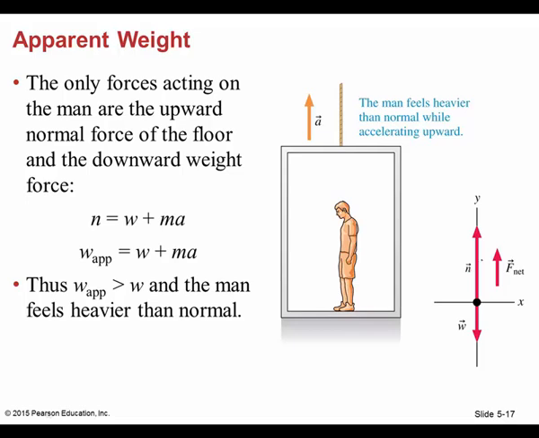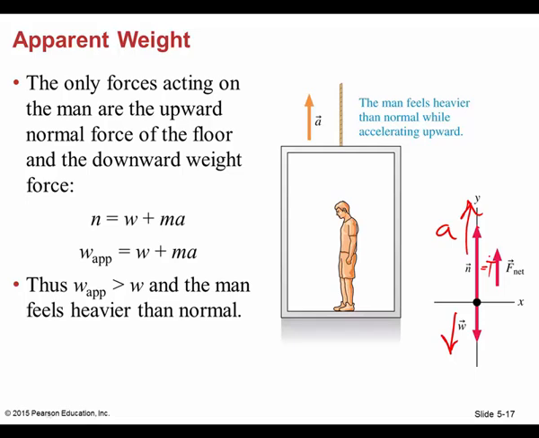Well, if you have an elevator, it's accelerating upwards. And the weight, of course, is in the opposite direction. And then you have your normal force, and your normal force will actually equal the tensional force on the elevator.